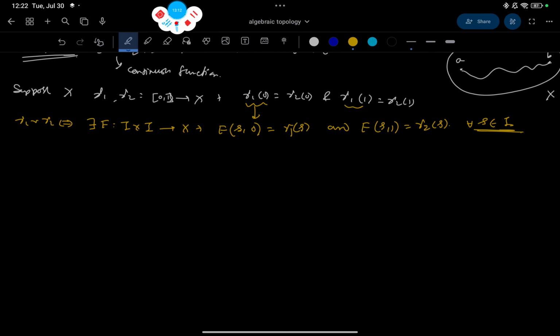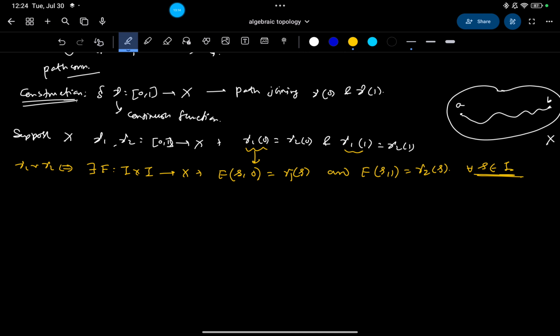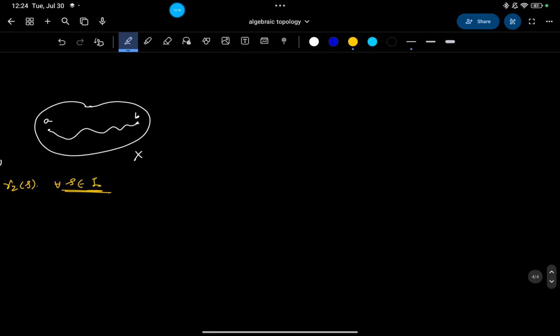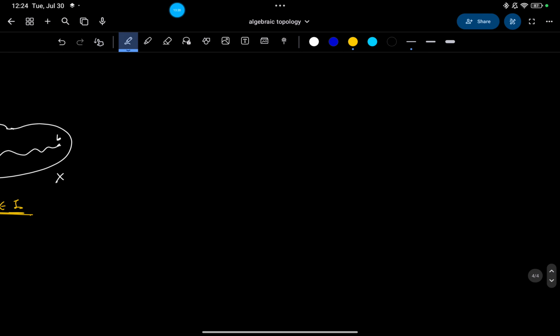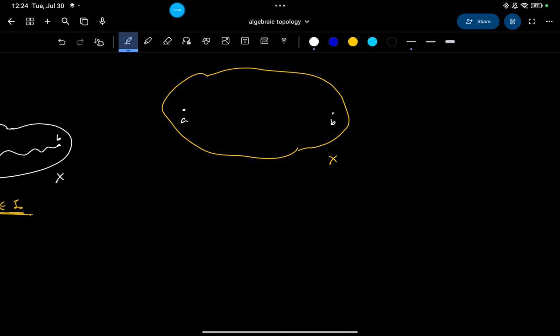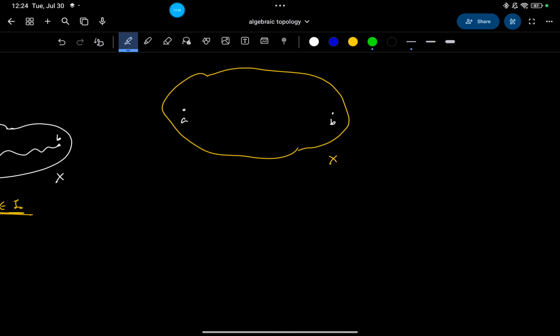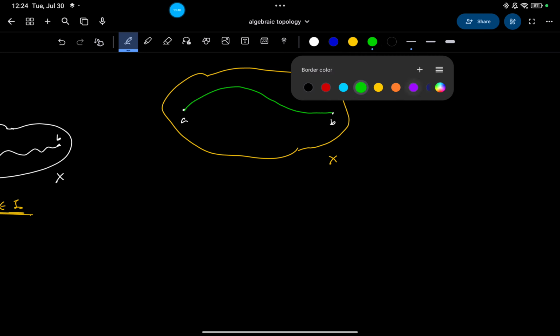So the picture represents the following. Suppose you have a topological space X and let us take one point, let's say it is a, and this is b. One path is like this, another path is like this.